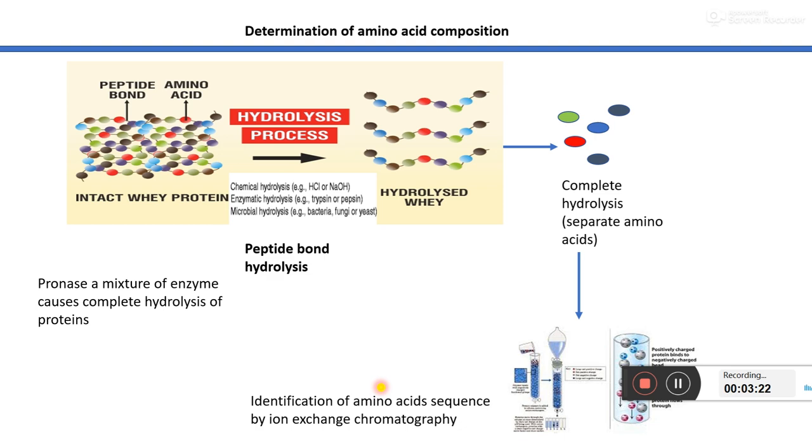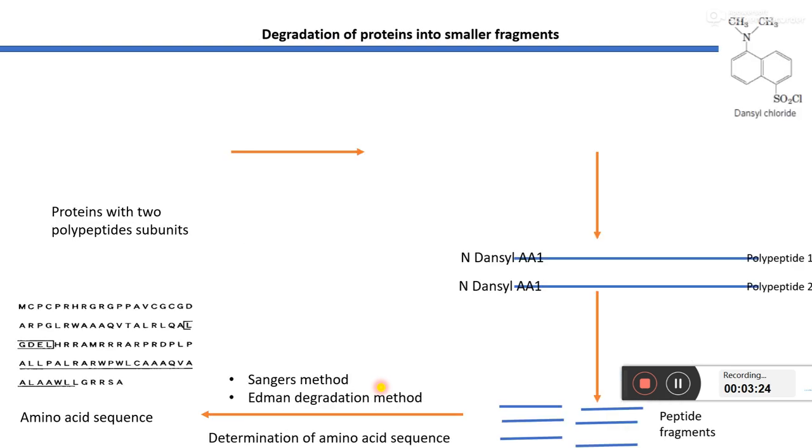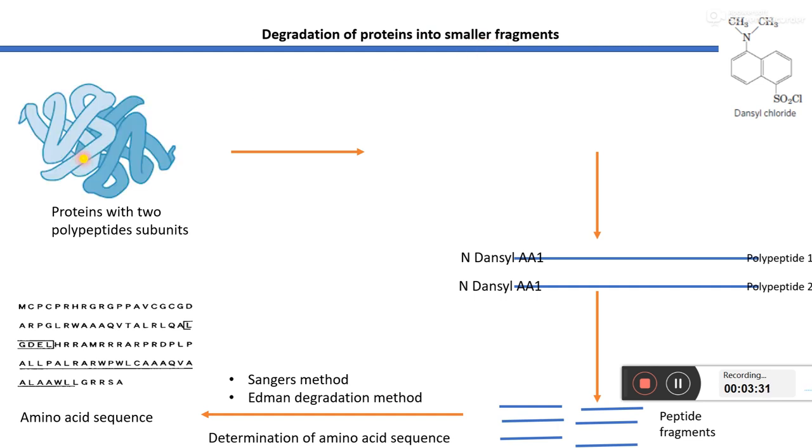The second stage is the degradation of protein into its smaller fragments. A protein is a large molecule which is sometimes composed of an individual polypeptide, or sometimes of more than two polypeptides. So separation of the polypeptides of a particular protein is essential for its degradation, right?